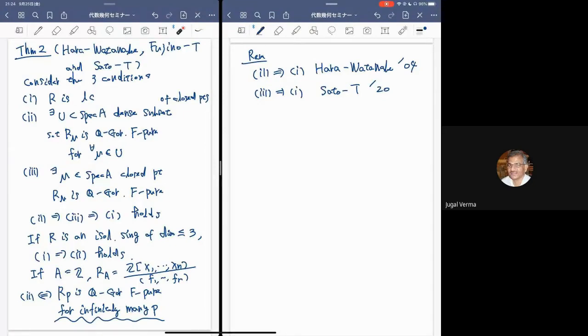And for 1 implies 2, the case where R is an isolated singularity of dimension at most 3 was proved by Fujino and myself in 2013. This implication 1 implies 2 is closely related to arithmetic problems, which makes the problem difficult.